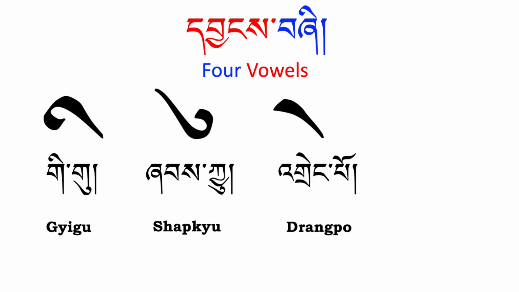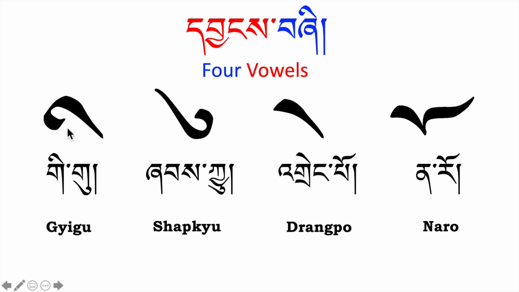You have to remember this goes on the top. And the last one is called naro. This one also goes on the top. So now you can see this is kigu, this is shapkyu, this is dengbo, and this is naro.